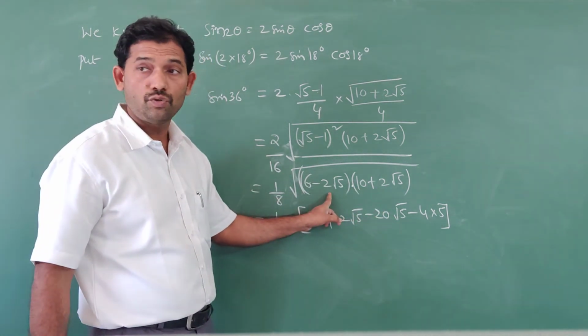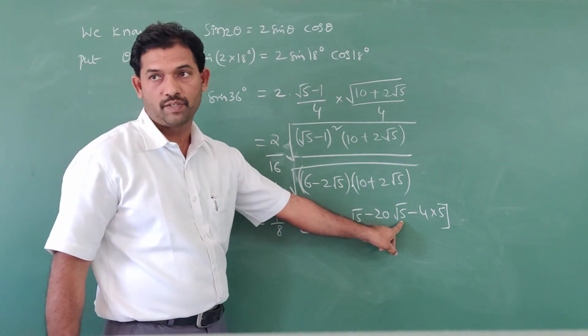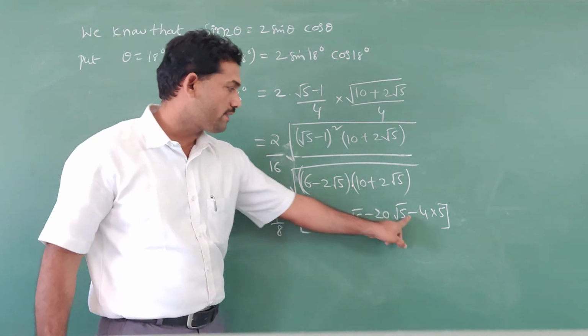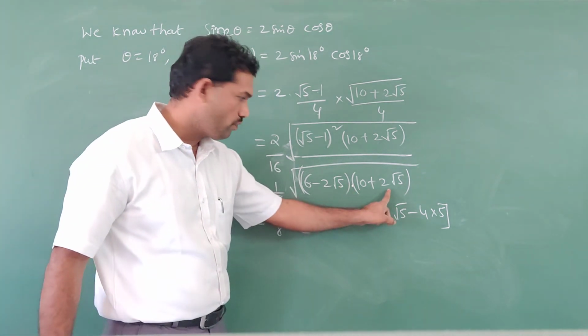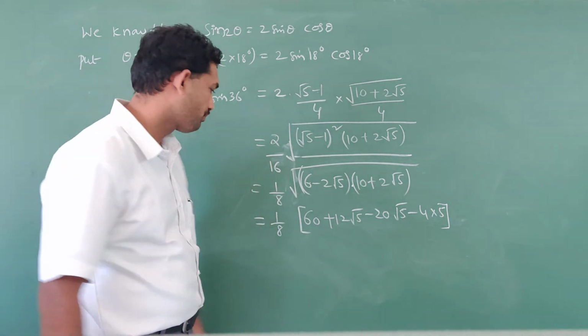Next minus 2 root 5 into 10, minus 20 root 5. Again minus 2 root 5 into 2 root 5 is minus 4 into 5.